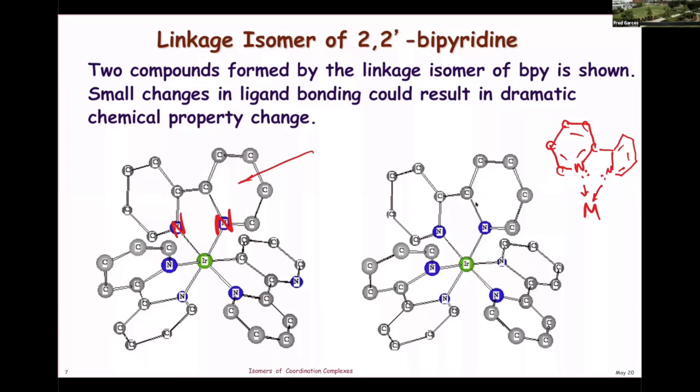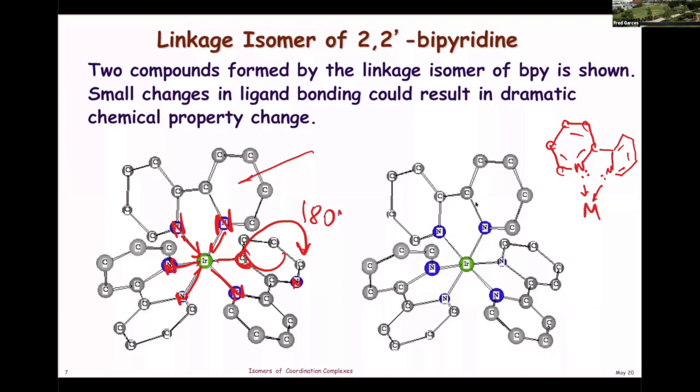See how this is a nitrogen, nitrogen, it binds the metal. This is a nitrogen, nitrogen, binds the metal. But one of the rings actually did a 180-degree flip. And instead of the nitrogen binding the metal, the carbon and the nitrogen binded the metal.